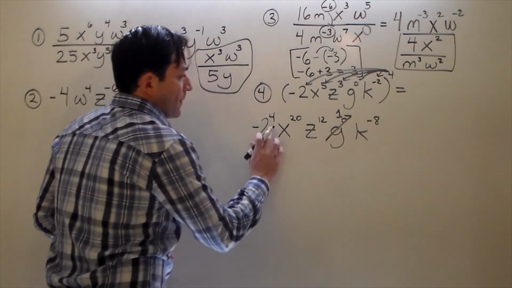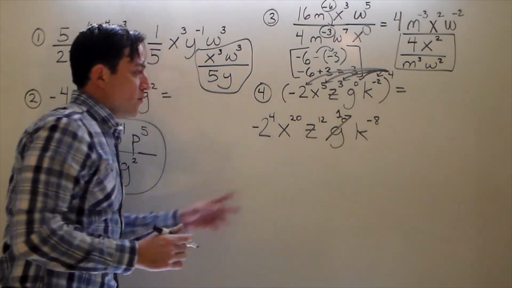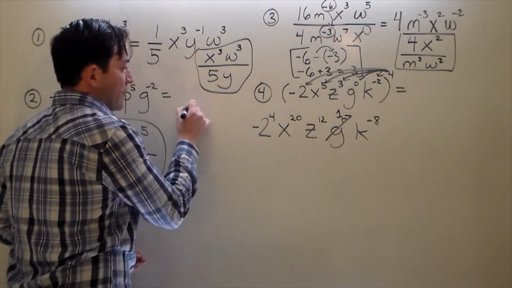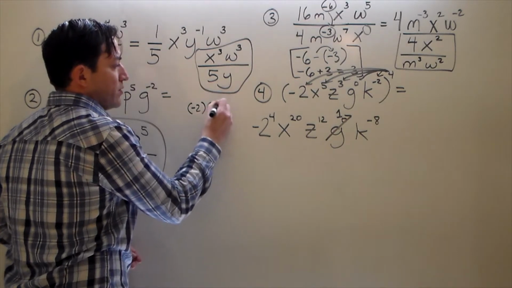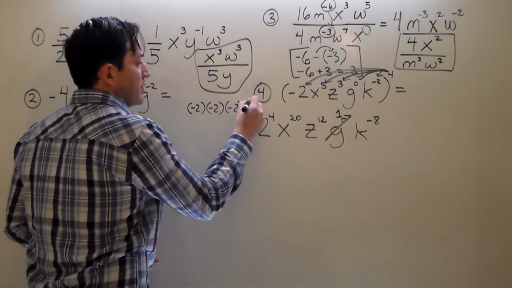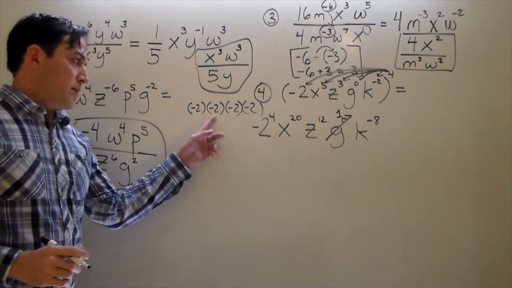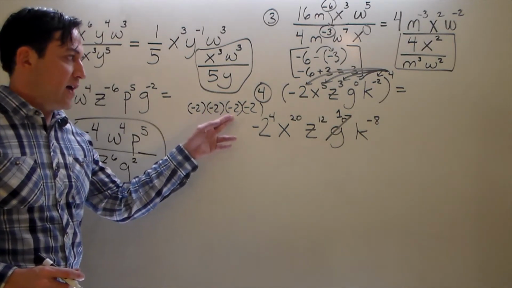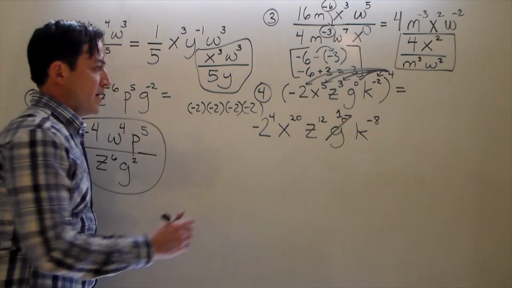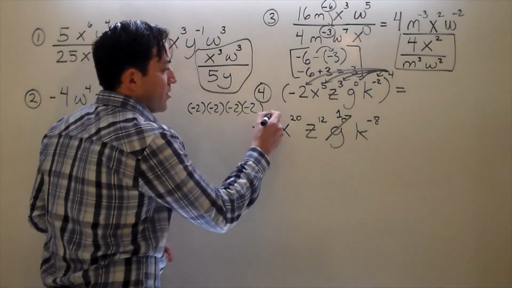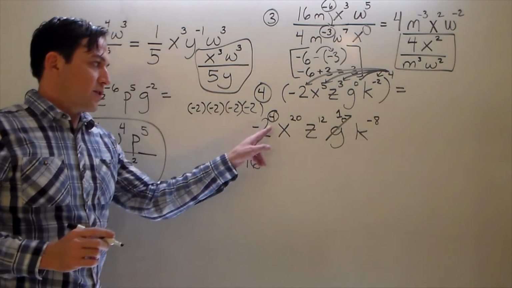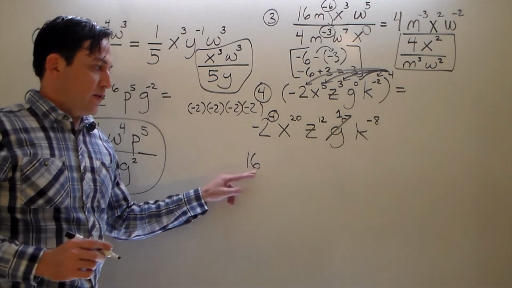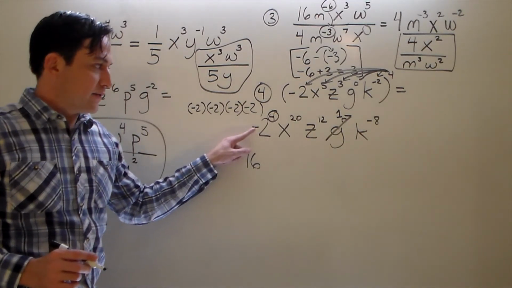So right here, what I have is negative 2 to the 4th. If I wanted to, I could say I have negative 2 times negative 2 times negative 2 times negative 2. So negative 2 times negative 2 is positive 4, times negative 2 is negative 8, times negative 2 is positive 16. So we said all even powers of numbers are going to give us positive numbers, no matter if it's a negative or a positive to start with.